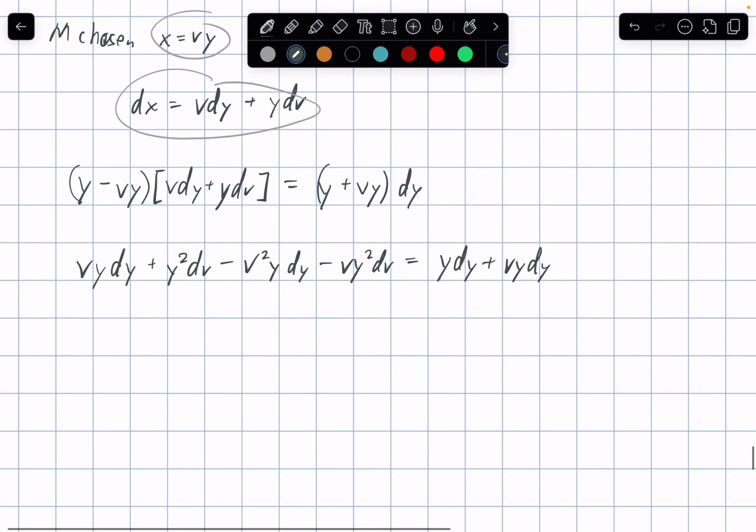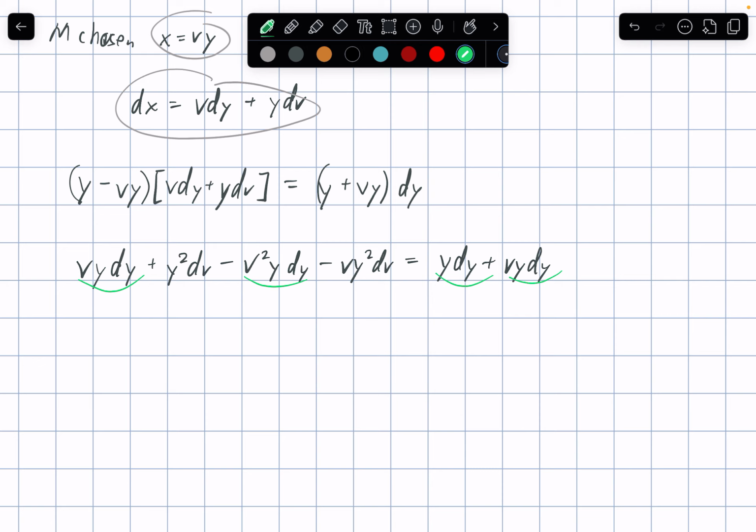Okay, let's segregate the dy's and the dv's. Let's move all the dy's to the left side.